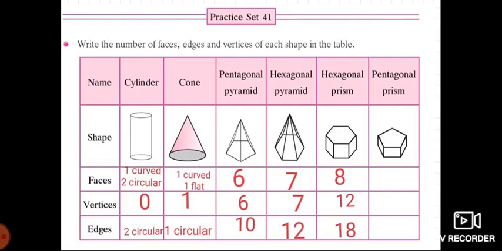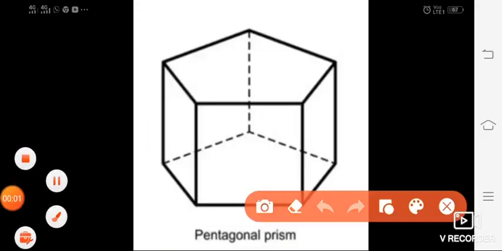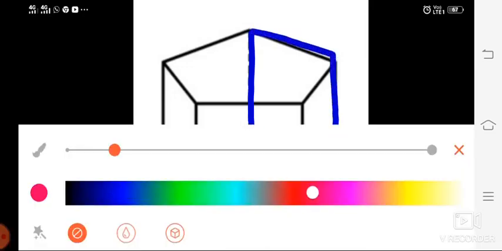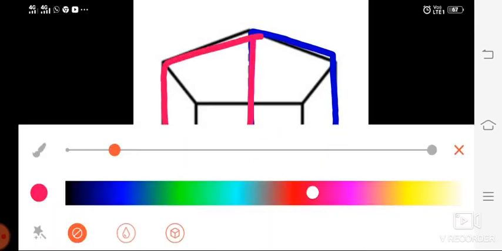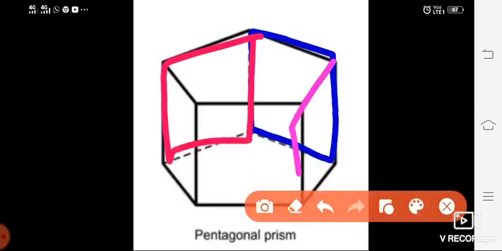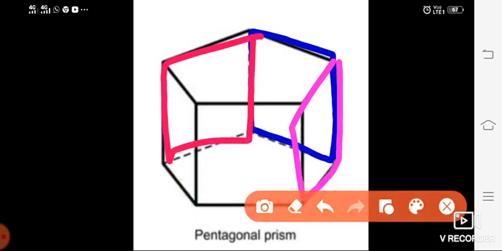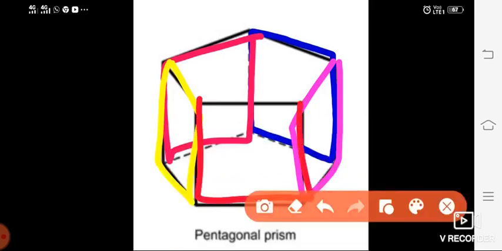Now we will study the last shape, that is the pentagonal prism. Let us now count the number of faces. So I'll just draw the border. See, this is our first face. Next, second one, third, fourth, and front one 5.